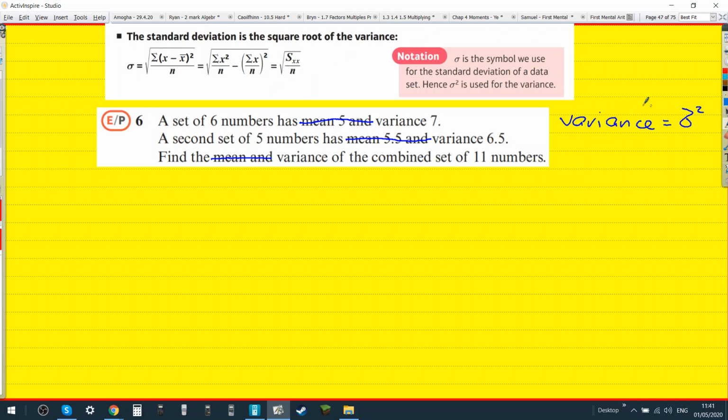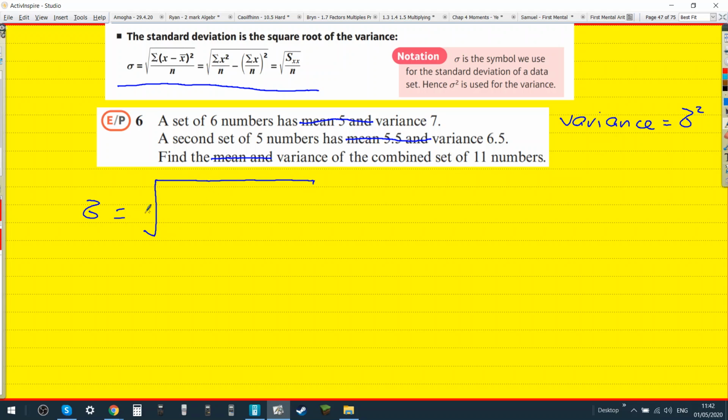So variance is standard deviation squared. Okay. So using this formula, what is standard deviation squared? How would you do that? Would I first of all need to add up 7 and 6.5? I don't think so. Let me see.